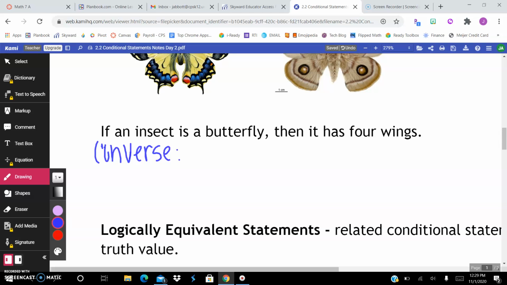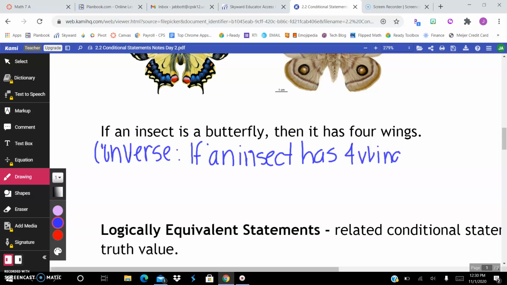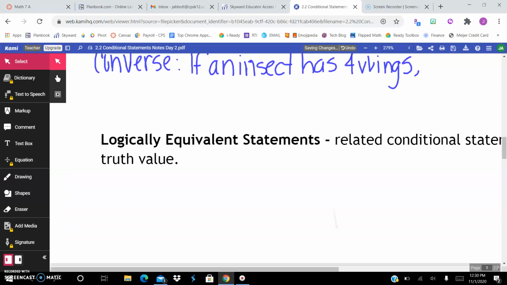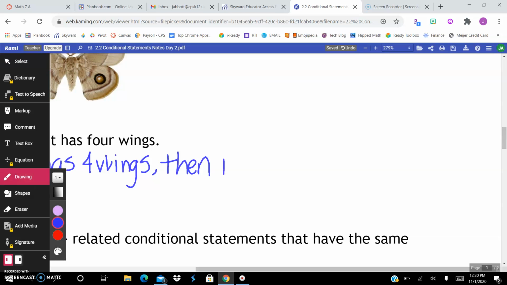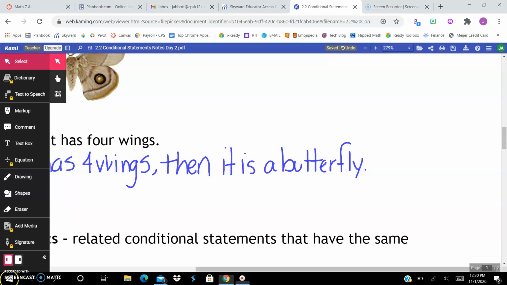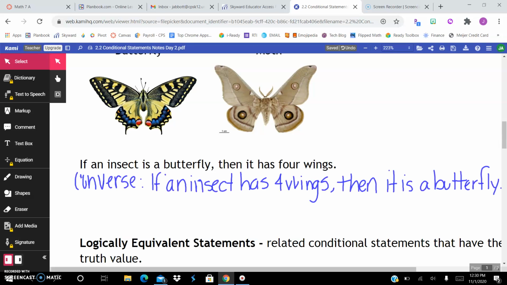We can't start with just that, so we can say: if an insect has 4 wings, then it is a butterfly.